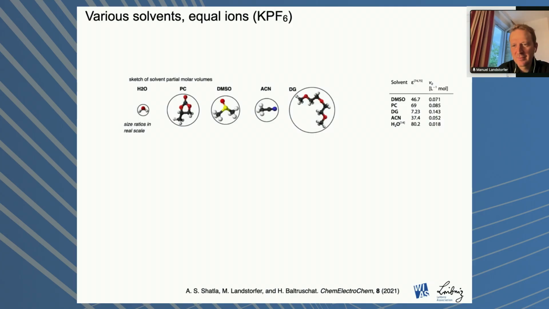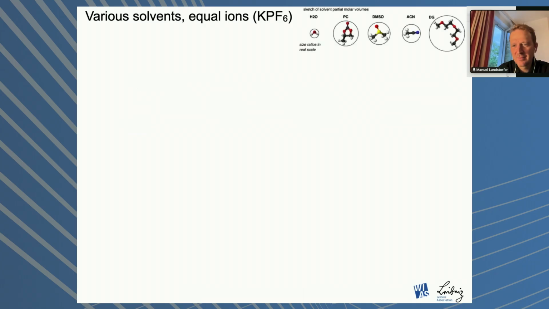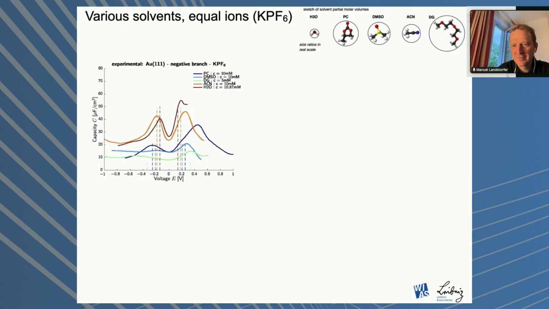So this is the next thing we want to do. Everything uses the very same model framework I just told you, but not applied to water, but to different solvents, in terms of their different molar volumes V0 and dielectric constants, and see what we will find out. On the left side, you see experimental data sets for KPF6 against a gold electrode.